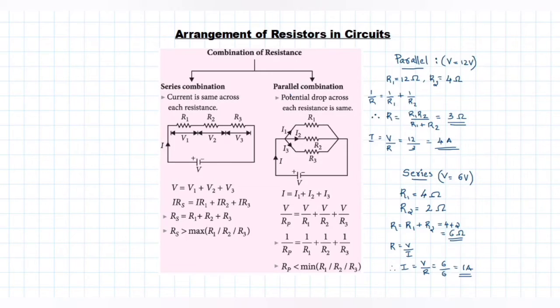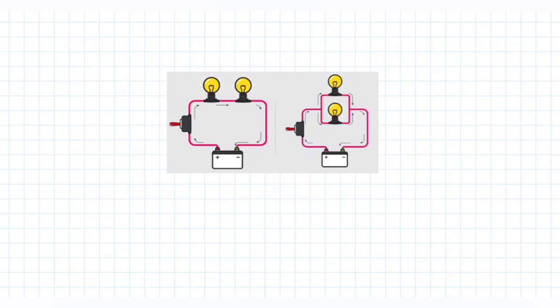Okay, so moving on, here there is a figure. We have two bulbs which are connected in series with a battery and having a switch, and here two bulbs are in parallel combination. If one component in the series combination breaks down, the whole circuit will burn out.